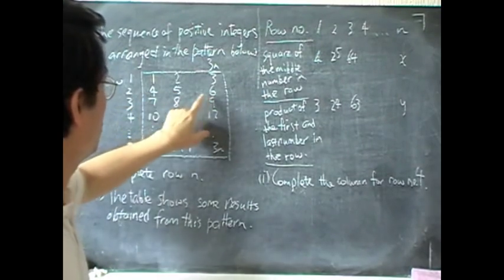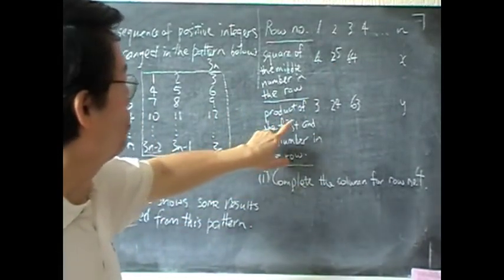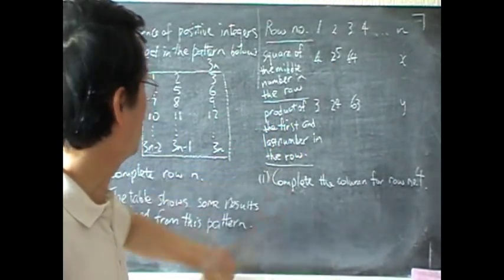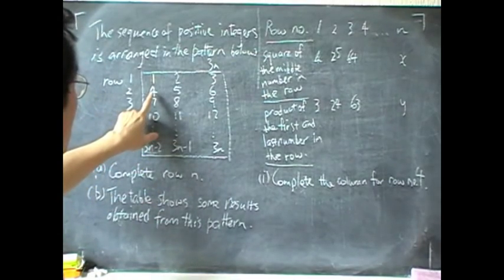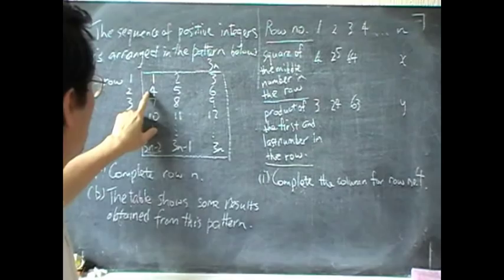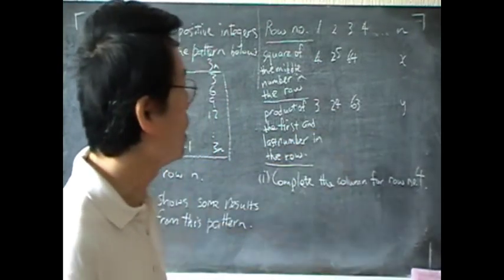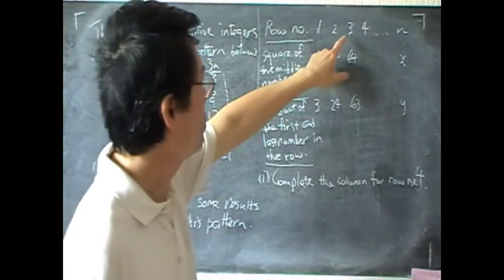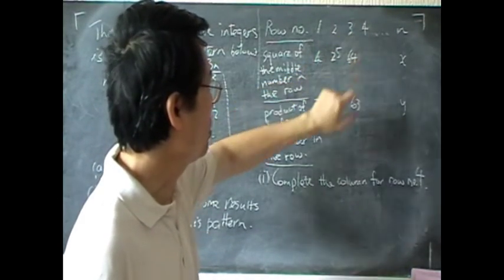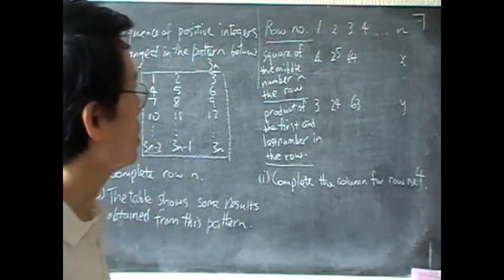That's the middle number of this row, and 5 squared is 25. Product of the first and last number in the row. First number is 4, last number is 6. Product is 4 times 6, which is 24. And you can check for yourself that for row number 3, the 64 and 63 are correct.